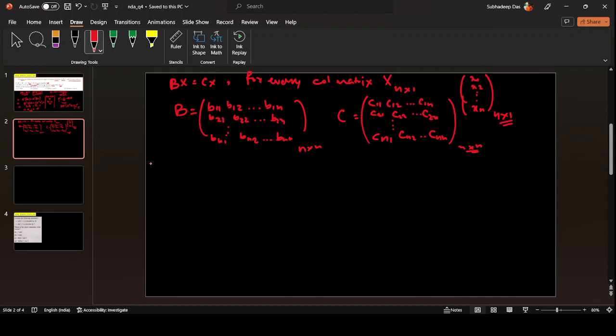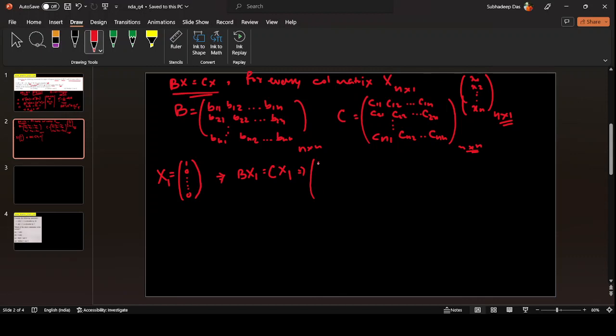Now the interesting thing is that this holds for every column matrix. So what if we choose this matrix x1, where the first entry is 1 and all the other terms are 0? For this x1 also Bx1 equals Cx1.